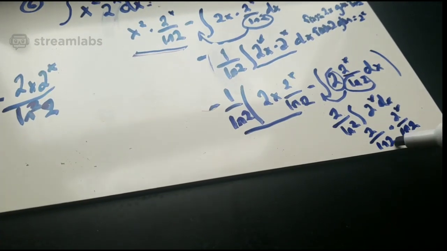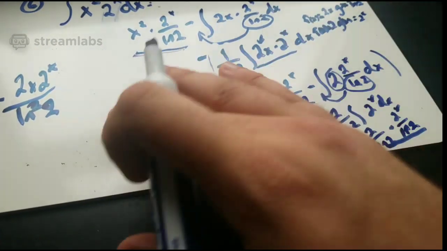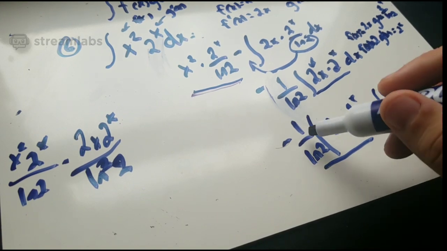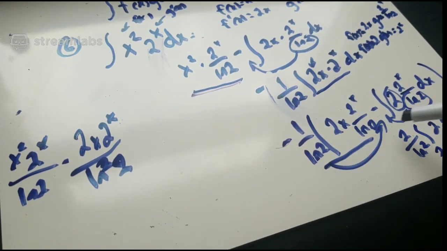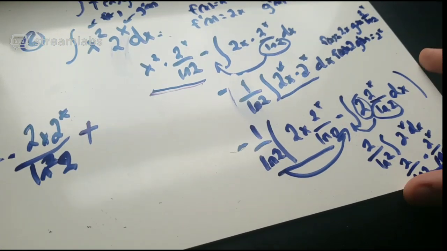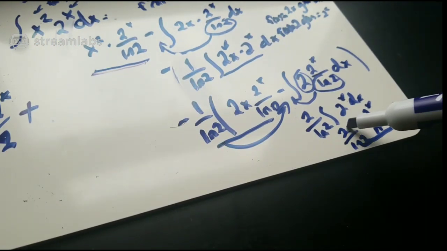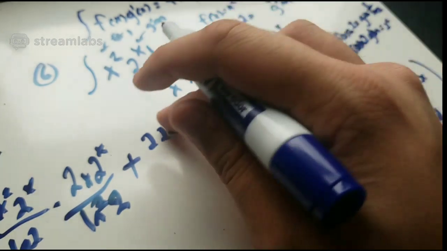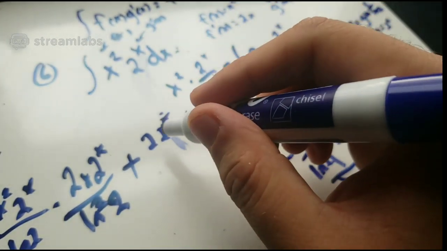And now we got to take care of this guy. So that's a minus also. Well, it's a double minus if I'm distributing this guy here. So it's going to be a plus. So we have on the top 2 times 2x, so in the numerators, 2 and 2 to the x power.